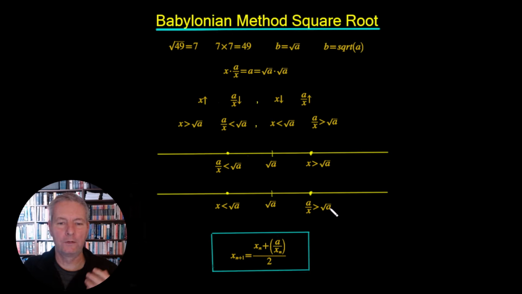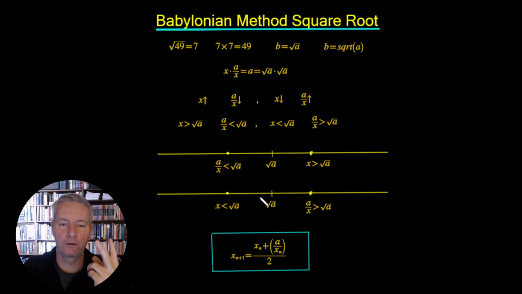Now, the thing to note here is that either way, root a is going to be bounded by the value of x and a upon x. So what we can do is choose another value between these 2 points, and the square root is going to sit in between these values.